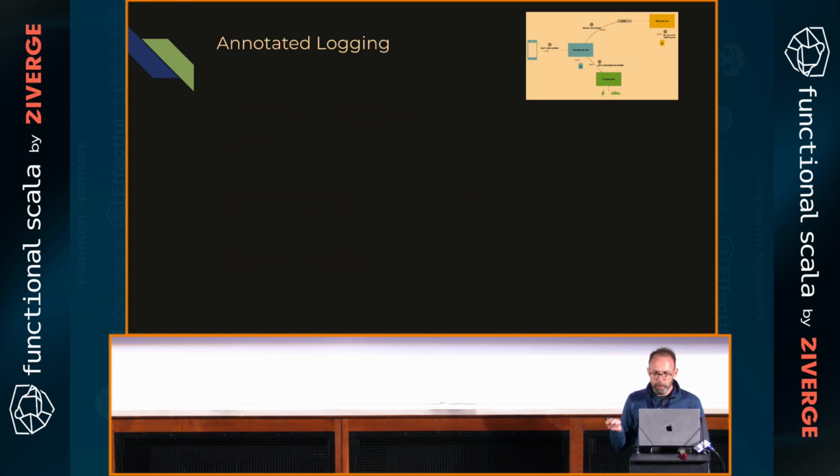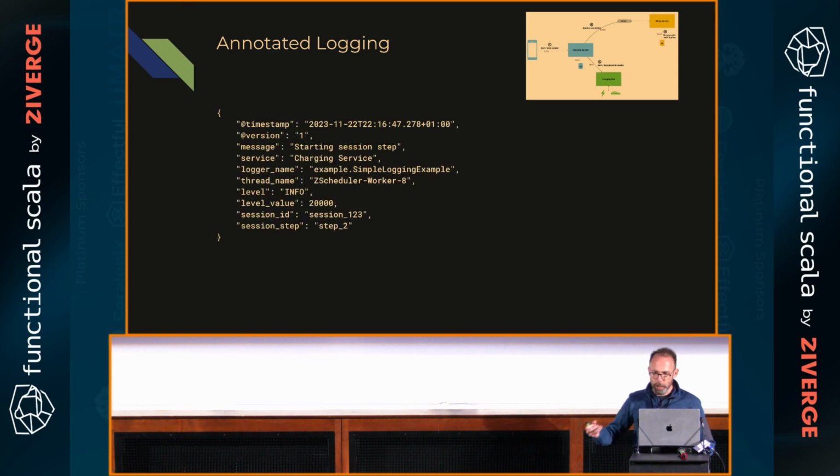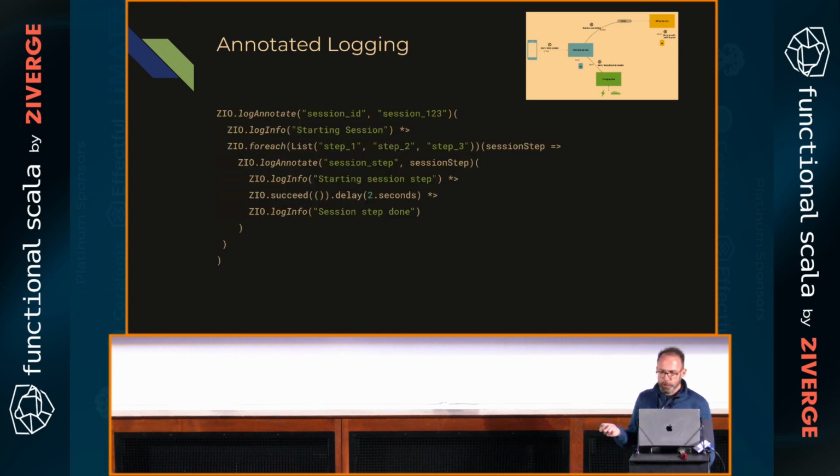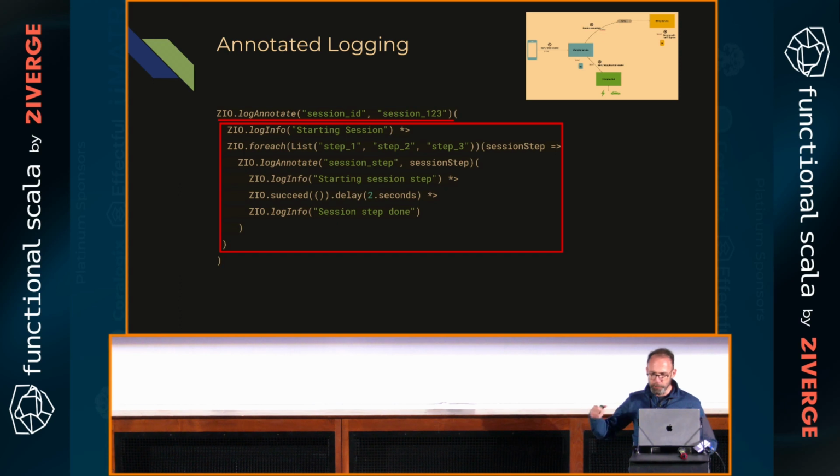You can make logging more complex, more structured, and you do this through annotations. So for example, here, we added the information about the session and the session step we are in. How do we do this? Also very simple. With ZIO logging, you annotate a region where you run an effect, and all the logging statements within that region will carry this annotation.